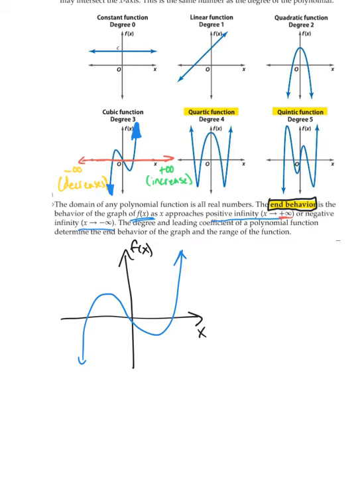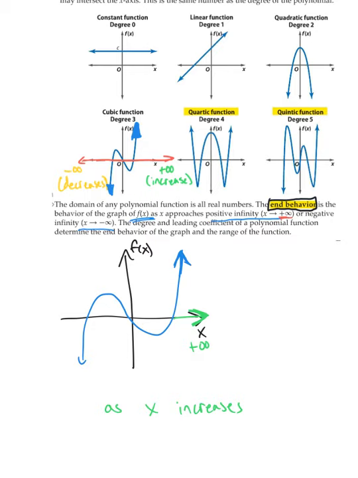So the end behavior of this function, what happens on the right half? Let's say as x increases, that's the right part of this graph, as x increases, what is the function doing? What is the blue line doing? The blue line is going up.